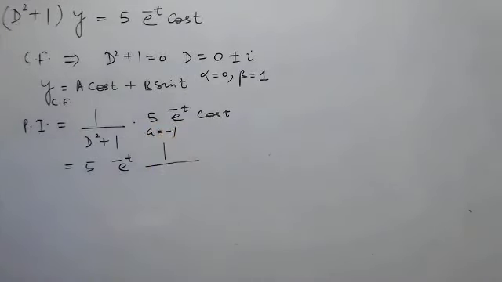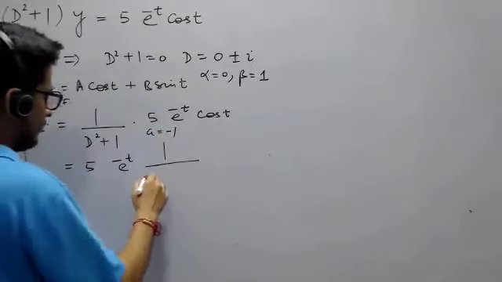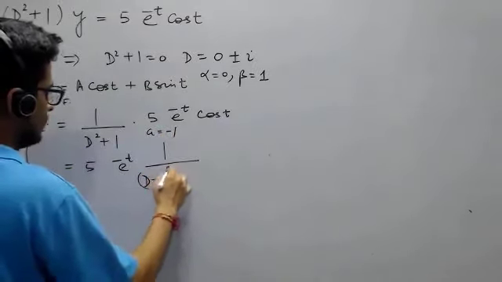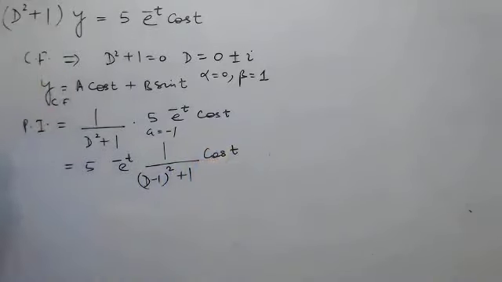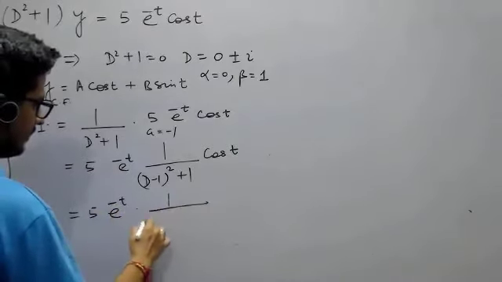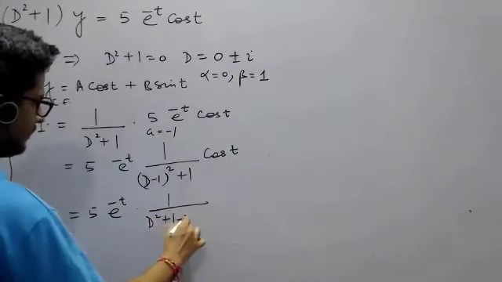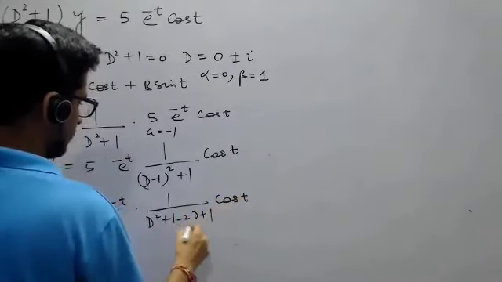Minus 1. So it becomes d plus a. So it will become d minus 1 whole square plus 1 into cos of t. देखो समझ आ रहा है? So it will become 5 e to the power minus t into 1 upon d square plus 1 minus 2d plus 1 cos of t.